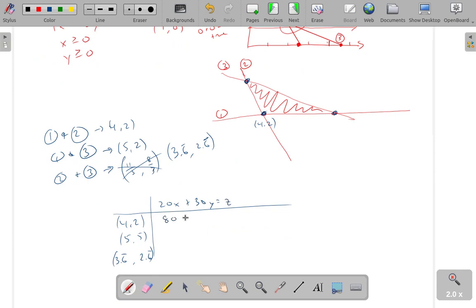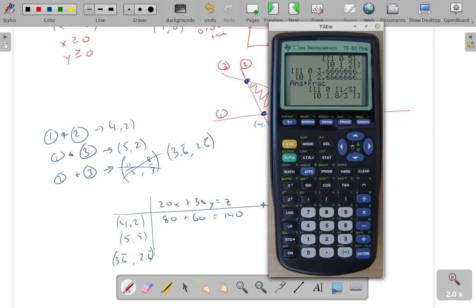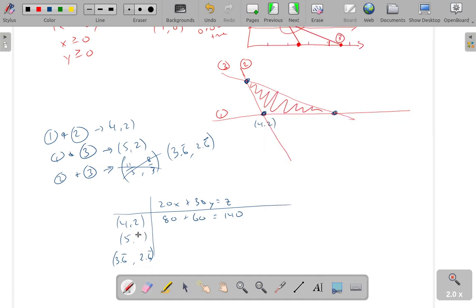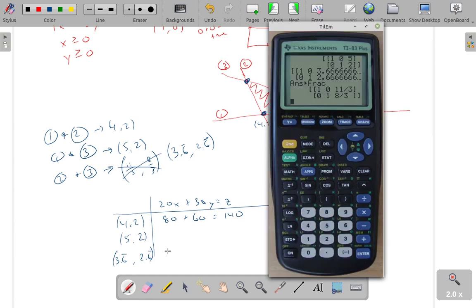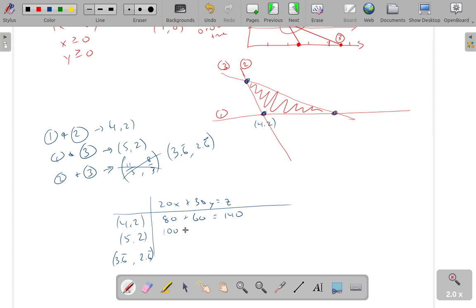So I get 80 plus 60, which is 140. Actually, I could just plug all of this into the calculator. I don't need to do this by hand. For the next point, 100 plus 60.